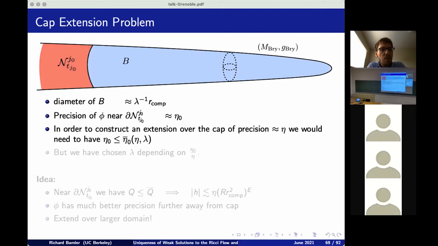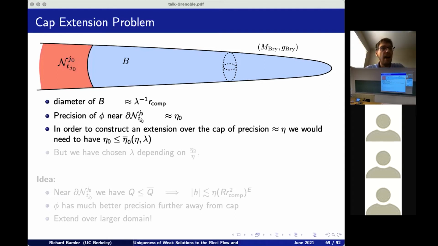Now we have this kind of problem. We have an almost isometry from some annular region of the Bryant soliton to some other annular region of another copy of the Bryant soliton, and we need to extend it to become another almost isometry over the entire Bryant soliton.